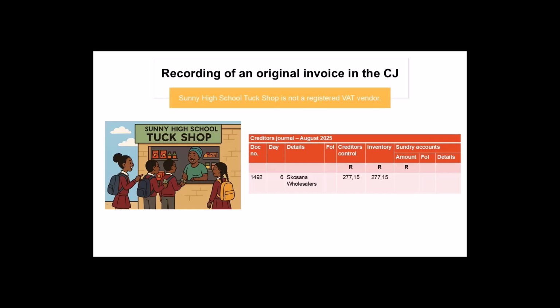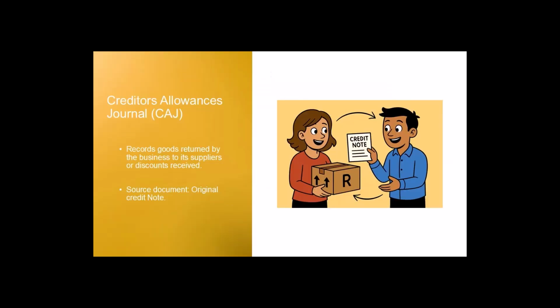You have now successfully recorded the credit purchase of inventory from the original invoice we received from the supplier in your creditors journal. The creditors allowances journal records any returns, discounts or price adjustments that reduce what we owe to our suppliers.